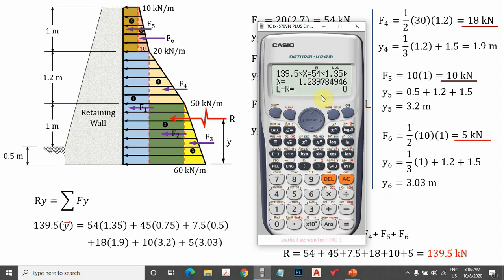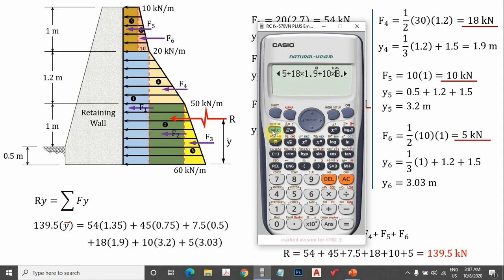Let me check first, class. 139.5. 54 times 1.35 times 0.75. 18. Oh, we forgot something, class. We have an error. This should be plus, not times.